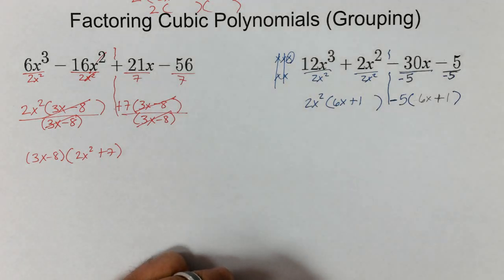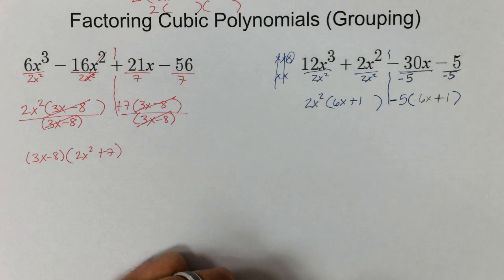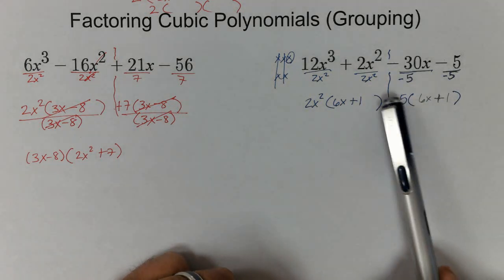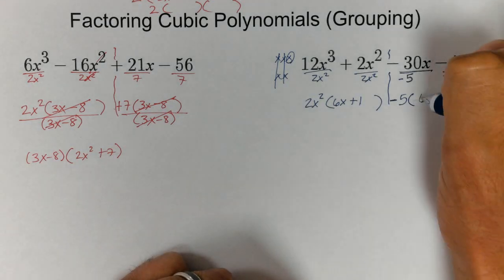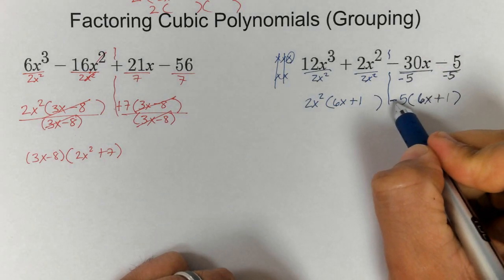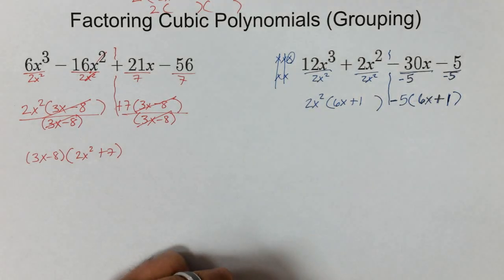And now notice how the parentheses are exactly the same. They match. So whenever you get a scenario that they don't match, check the signs. Do we need to divide it by a negative? If so, you factor out not just the 5, but a negative 5. And then the rest stays the same.